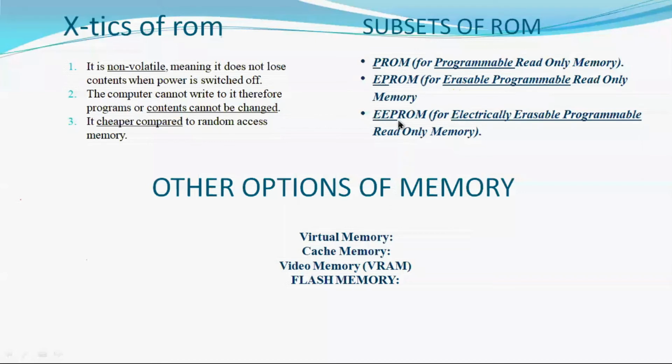Then the EEPROM stands for electrically erasable programmable read-only memory. In this type, we use electrical signals to erase the instructions for rewriting. So in the last two types, information can be rewritten through certain processes.